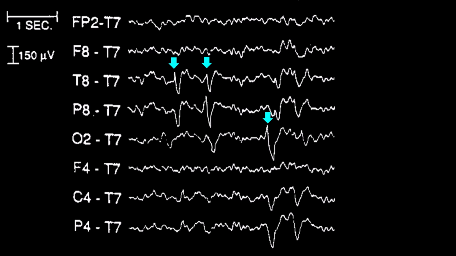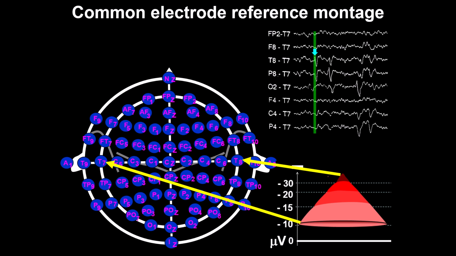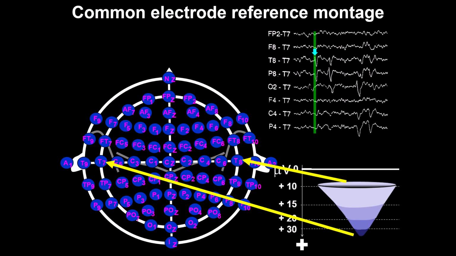If a tracing recorded using a common electrode referential montage has no phase reversal, as the epoch in this frame, we can make two sound assumptions. One is that the reference electrode is either the maximum or the minimum of the electrical field for that given moment. So in this case, and at the time indicated by the aqua arrow on the tracing, T7 is either the minimum negativity or T7 is a maximal positivity, since all the waves occurring at that time are either neutral or in the same direction.